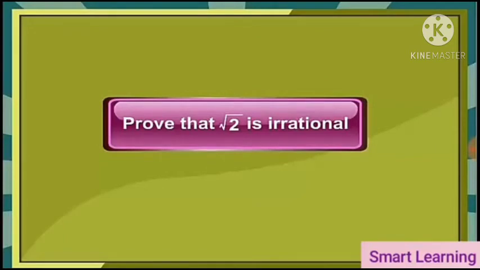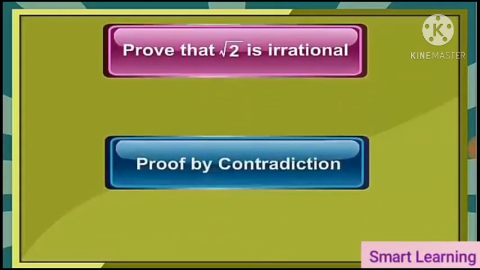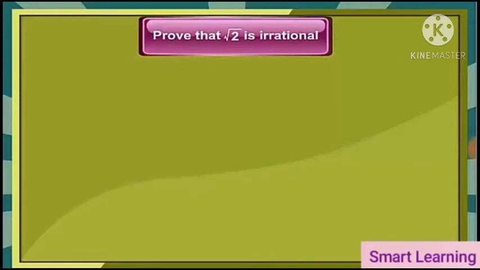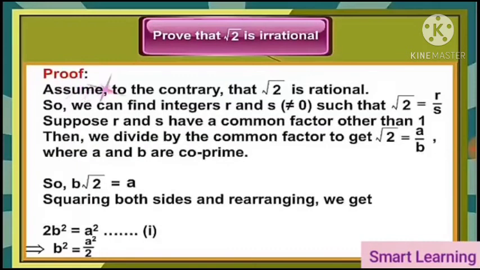Let us base our proof on the method called proof by contradiction. To prove square root of 2 as irrational, let us assume to the contrary that square root 2 is rational. So we can find integers r and s where s is not equal to 0, such that root 2 is equal to r upon s.